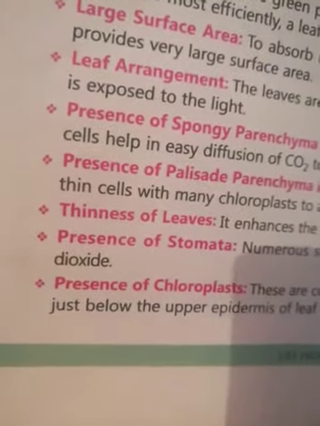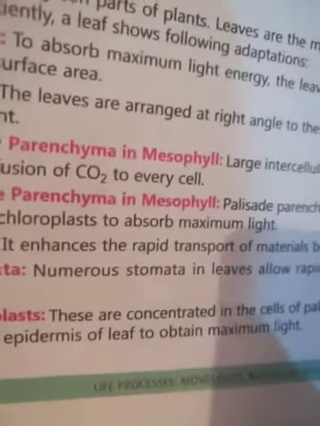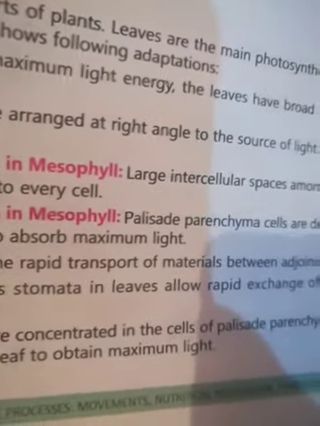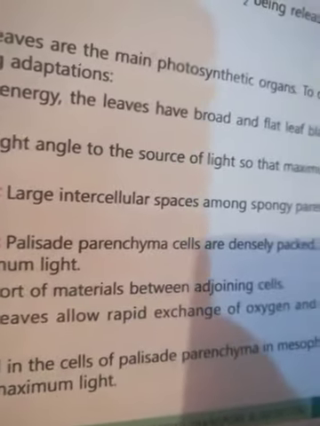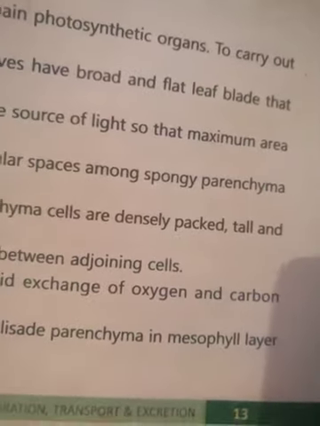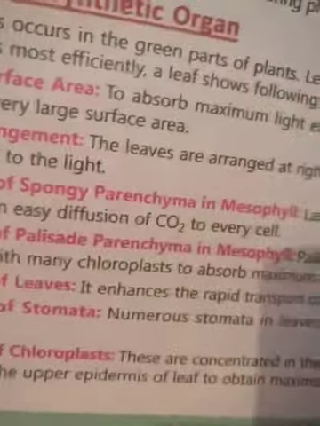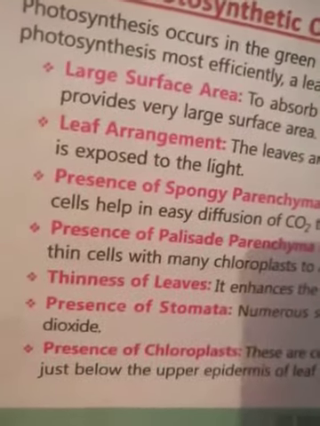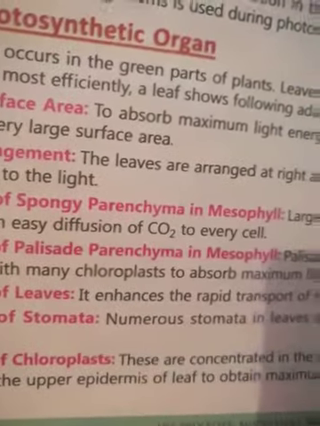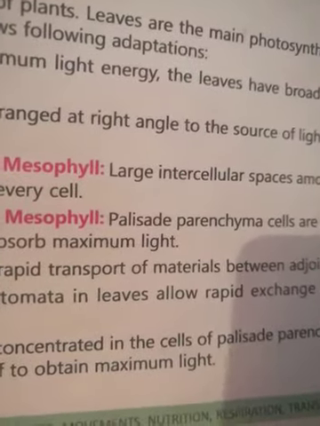Presence of chloroplast. These are concentrated in the cells of palisade parenchyma in the mesophyll layer just below the upper epidermis of the leaf to obtain maximum sunlight.